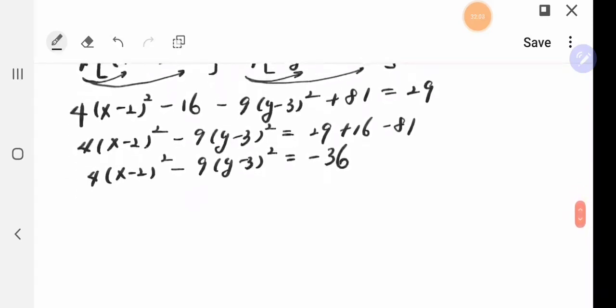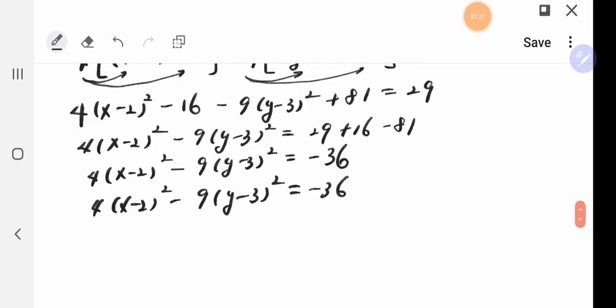Now we want to rewrite this so that it will be x squared over something. The right side has to be 1, so let's divide each side by negative 36, because we have to make the right hand side always 1.